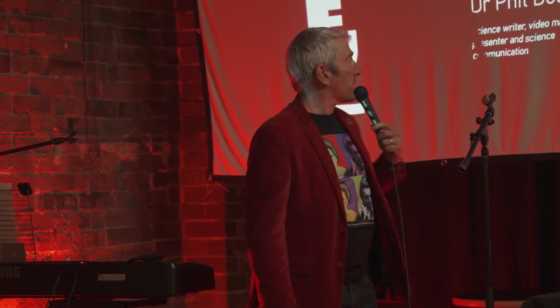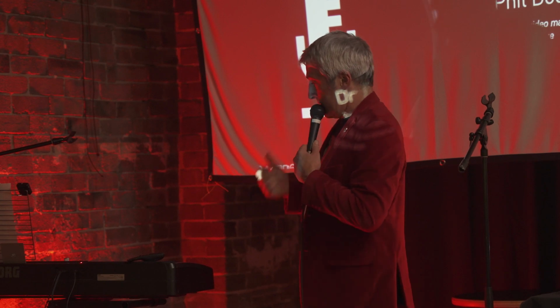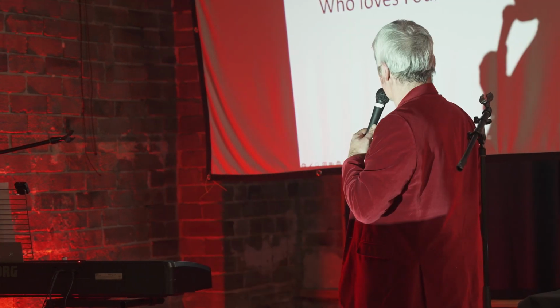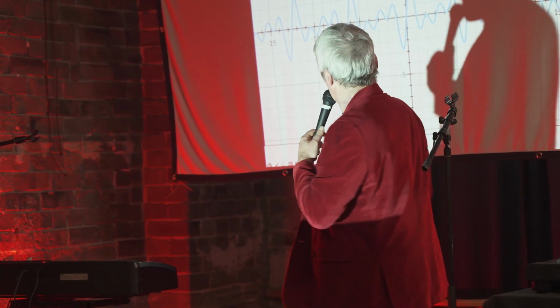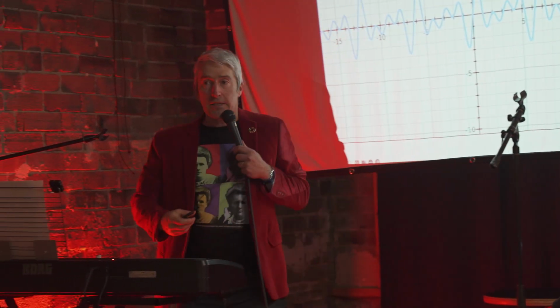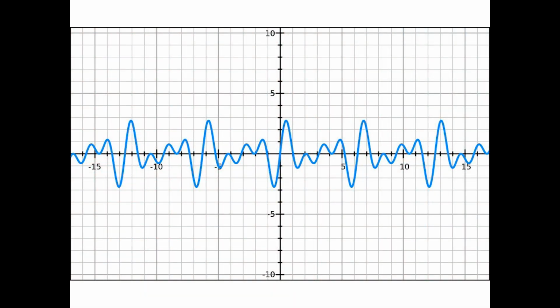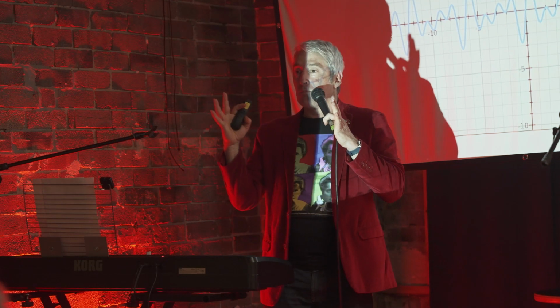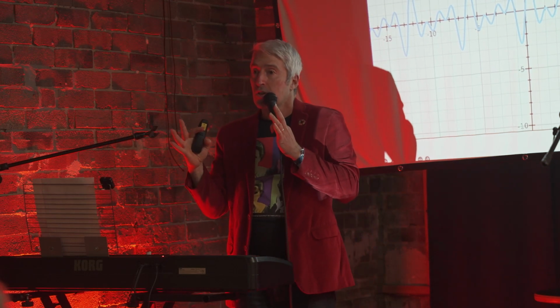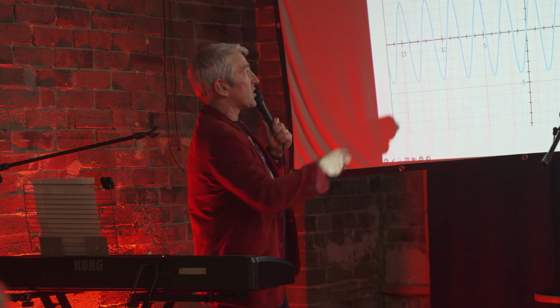What is a Fourier transform? Can you give me a click? All right. A Fourier transform is something that allows you to take a random arbitrary wave, like this one, and break it down into some sort of building blocks. Building blocks made of sine waves.